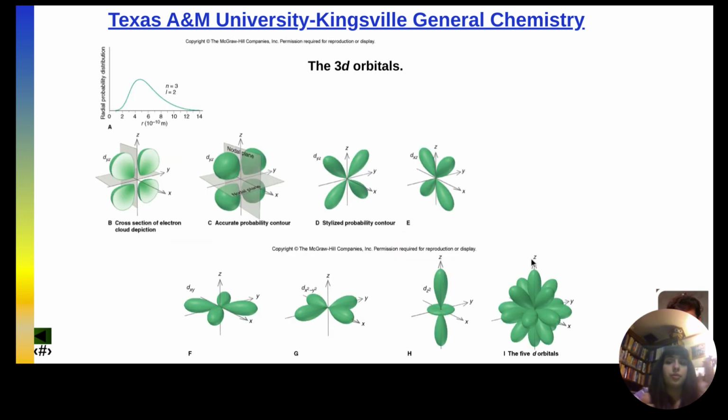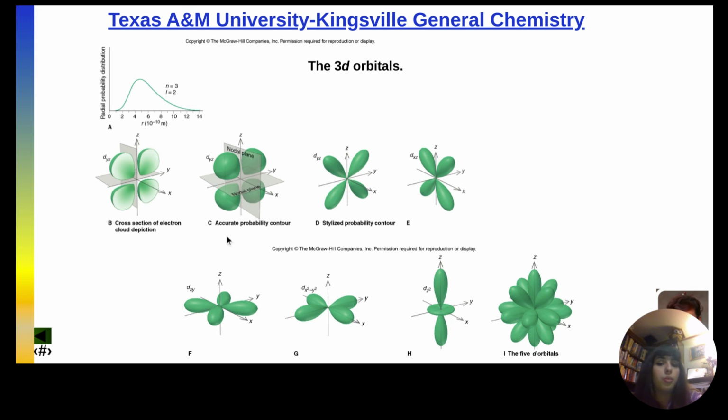Moving on, we're talking about our 3d orbitals. n equals 3 and l equals 2. This is our graph, and down here B through I are some forms of the orbitals that we're going to be looking at. Once again, we're talking about our protons and neutrons in our general electron cloud. We cut that in half and look at this cross-section of our electron cloud, which figure B shows.